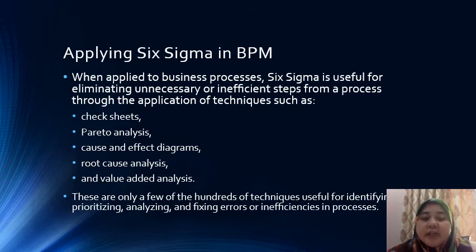Kita ada several techniques such as check sheets, Pareto analysis, cause and effect diagram, or kita panggil sebagai fishbone diagram, root cause analysis, and value added analysis. So these are several analyses that we can use in applying Six Sigma in BPM.